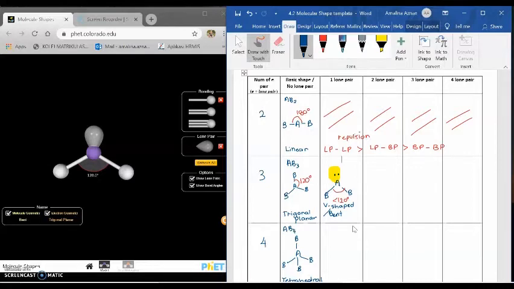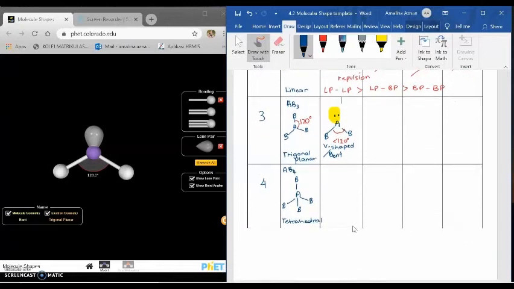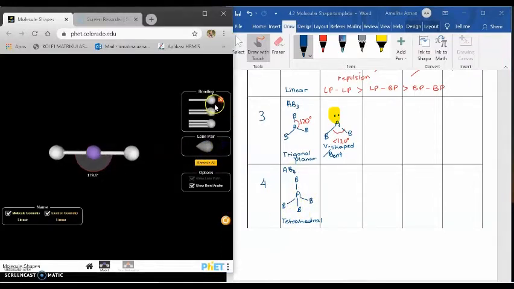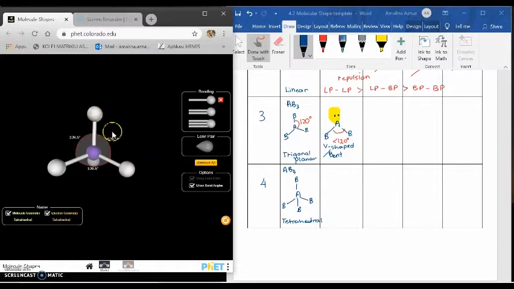For the next structure, we look at tetrahedral, which involves 4 bonding pairs of electrons. So let's say you have AB4. This is the geometry which is tetrahedral. Let's see from this simulation. I arranged this molecule with one pointing up and the other 3 pointing down.